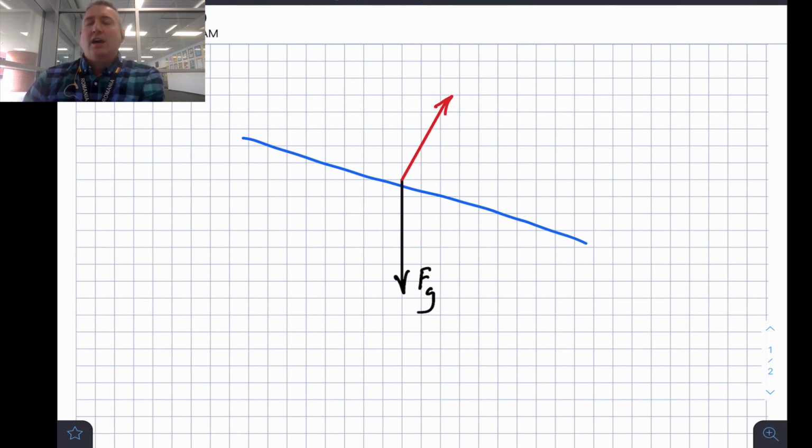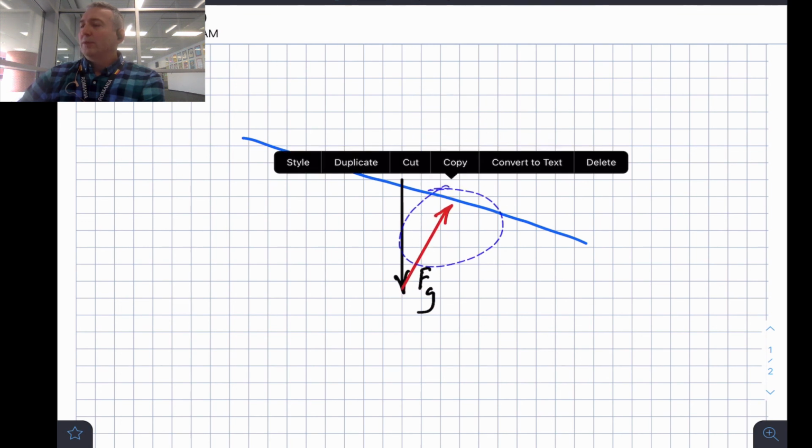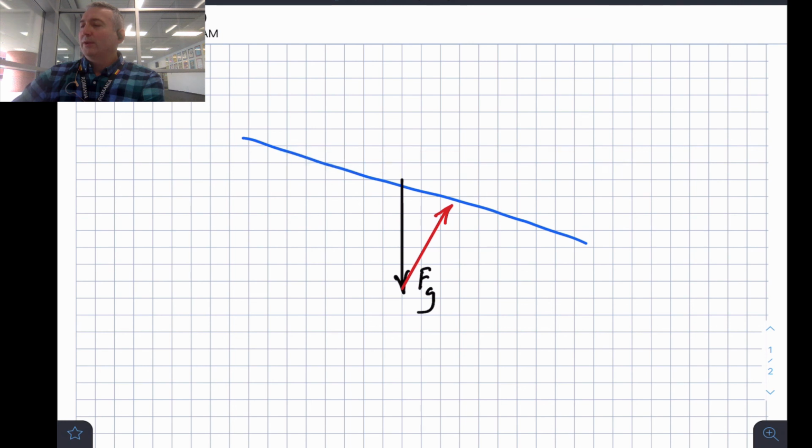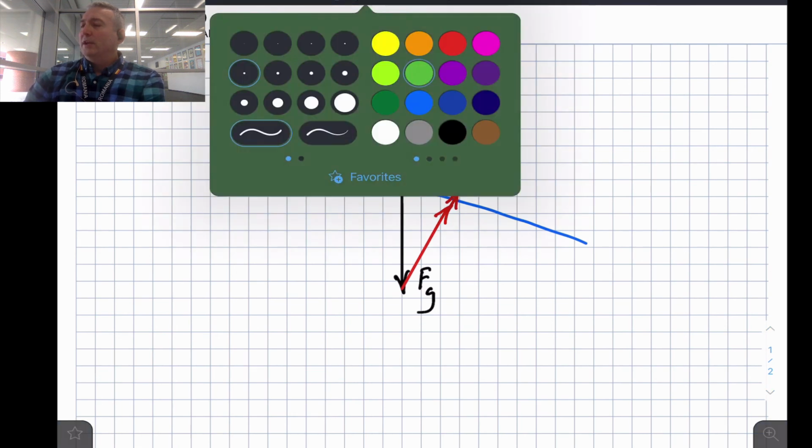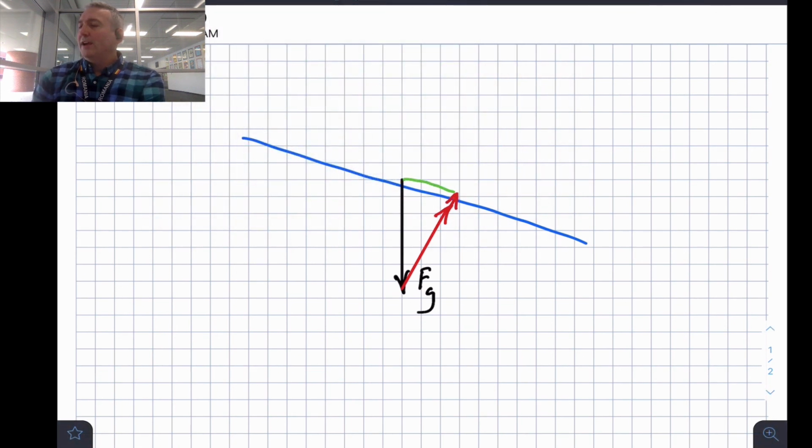Well, the sum of those two forces, if I move this red arrow so it is with the black arrow, and it should actually be a little bit longer. Let me extend that red arrow a little bit more. We see that the result is a net force down.